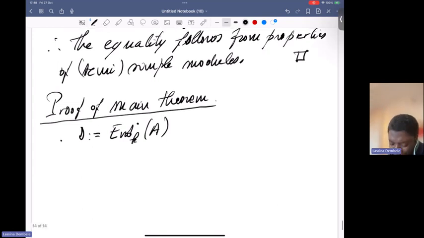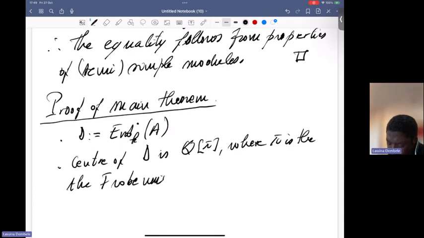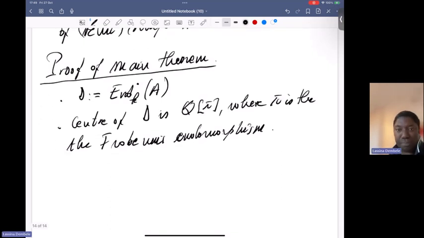And so we know that the center of D is the field generated by the Frobenius endomorphism. I'm going to drop the superscript A. Okay.